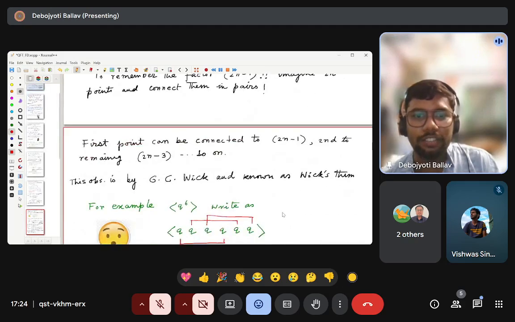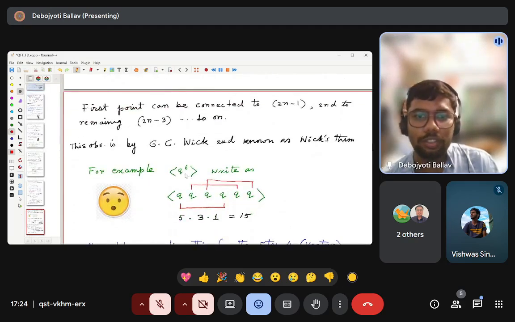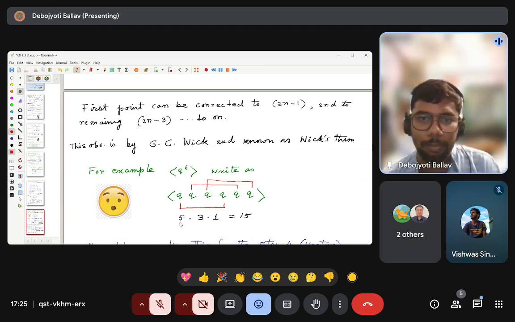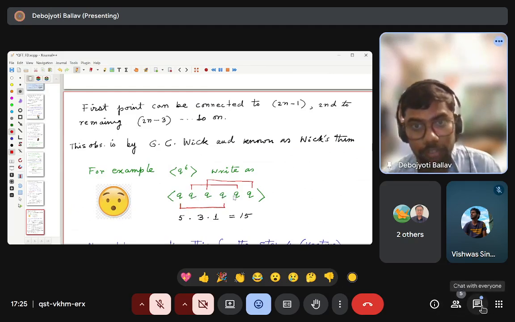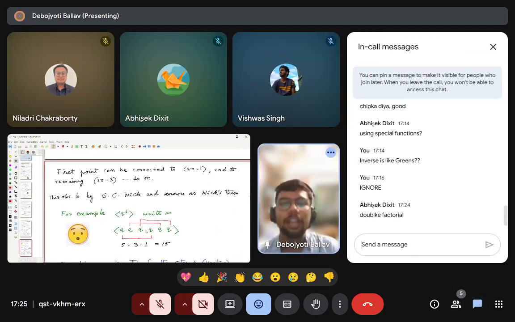So for example, if you have q to the 6, you have q, q, q, q, q, q. You just write it like this, and you connect them in pairs. The first point can be connected with any of the other 5 points. Then, if you connect two points, the next q can connect with one of the remaining 3 points, so you have a factor of 3, and then the last two q's have only one way to connect.